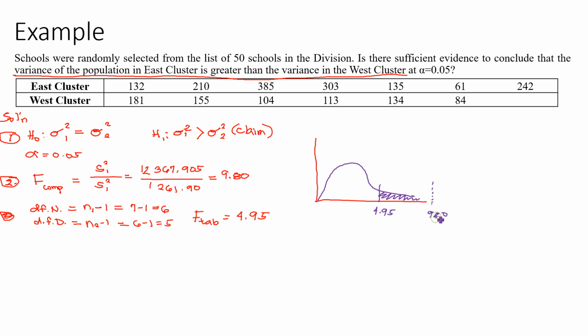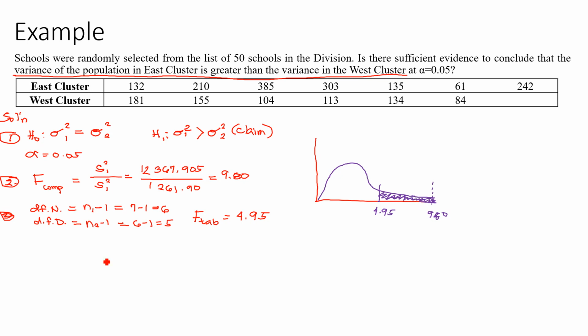So as what I have mentioned in the previous discussion, in the previous slide, if the computed F value lies within this shaded portion, then we are going to reject the null hypothesis.